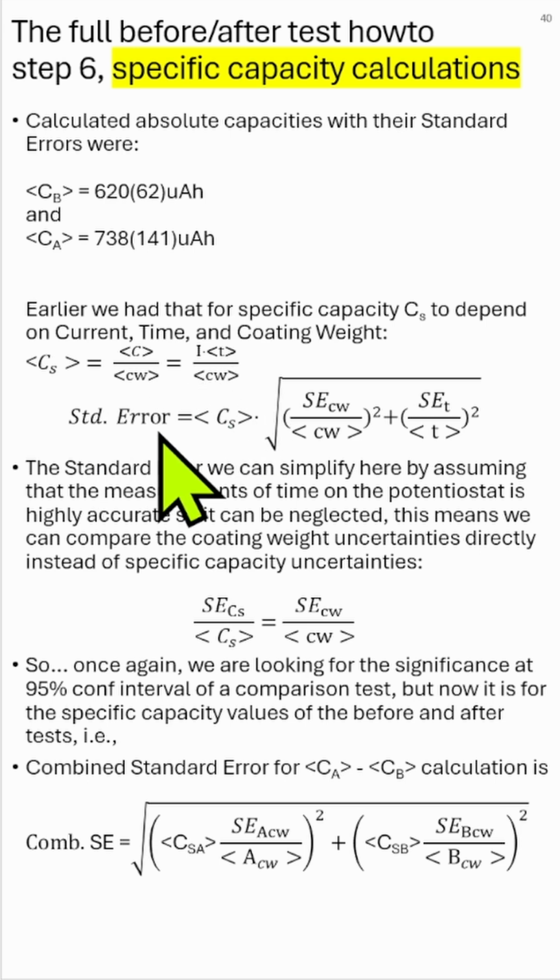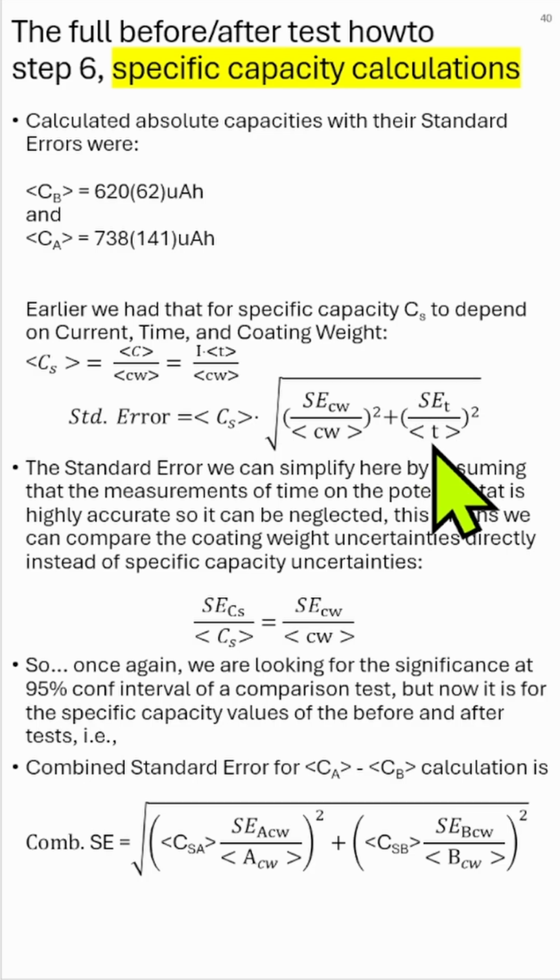So for the standard error calculation, the combined standard error for this will be the mean value of capacity times that relative percentage number of error of the combined relative standard errors, that Pythagoras thing, right? And since time has great accuracy on electronic devices like a potentiostat, this term will be 0.